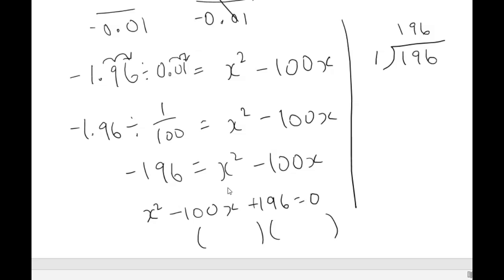And I just realised that has to be a positive, so negative 98 and negative 2, so x minus 98, x minus 2 equals 0. So your values of x are going to be 2 and 98.